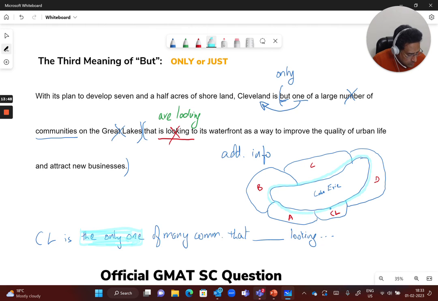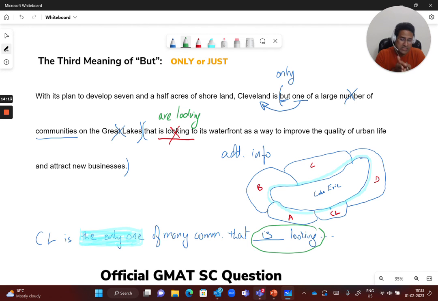By adding the word "the" before "only," how have I changed the meaning of this phrase? Let's understand. Now what am I saying? I'm saying that of all those communities on the Great Lakes, of the many communities on the Great Lakes, Cleveland is the only one that is looking to its waterfront, not the others.